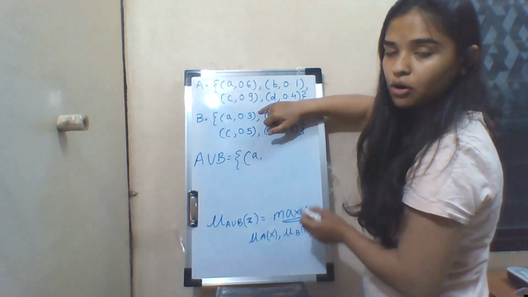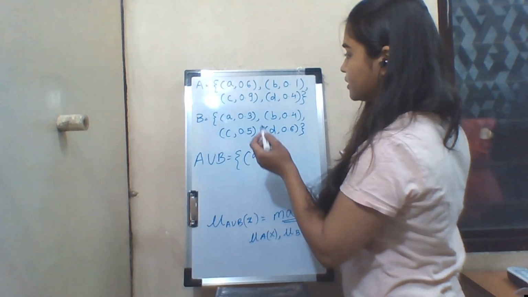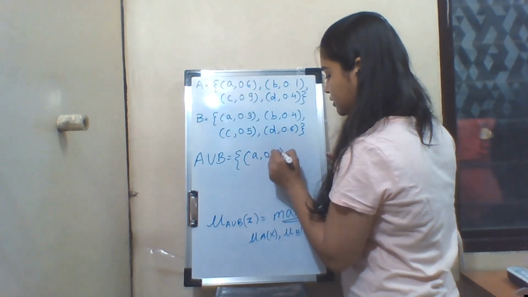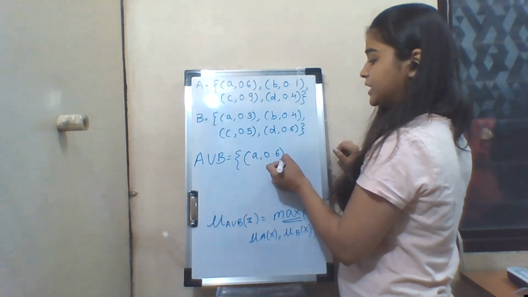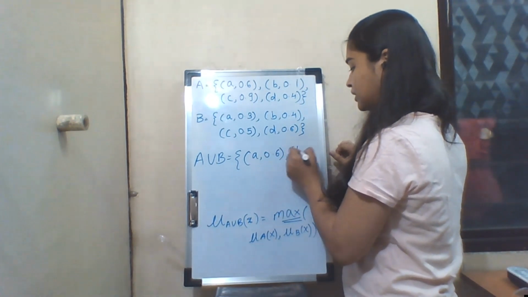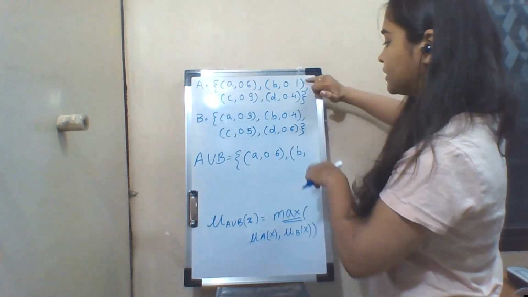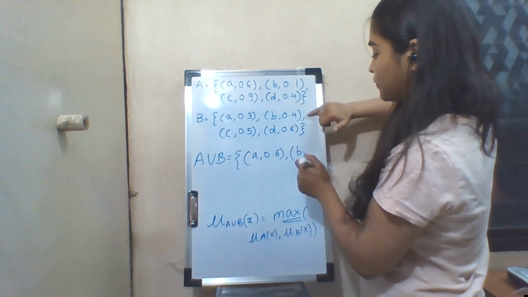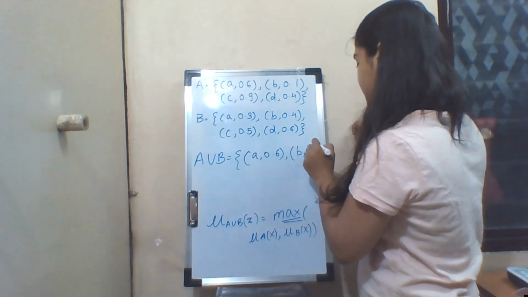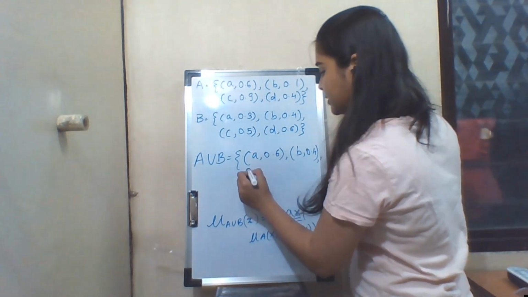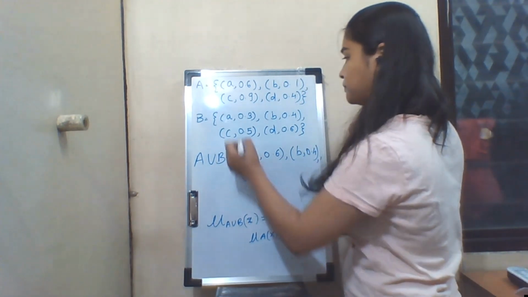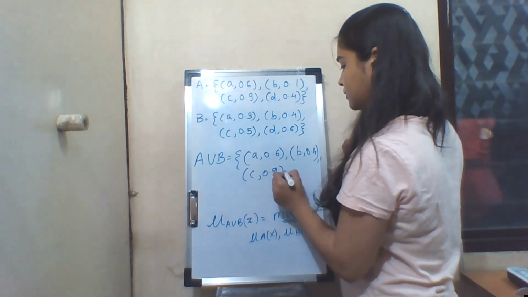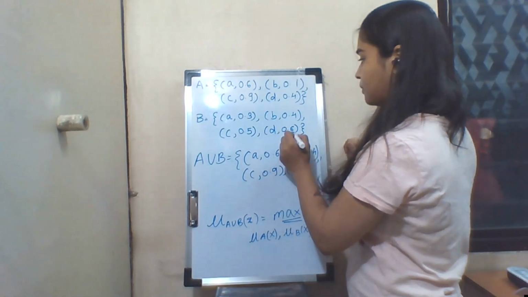So we simply compare these two degrees and get 0.6, which is the membership degree of A. Similarly, for B, we compare the degrees of membership 0.1 and 0.4. Since 0.4 is larger, we select 0.4. Similarly, for C, 0.9 is greater than 0.5, and for D, 0.6 is greater than 0.4.